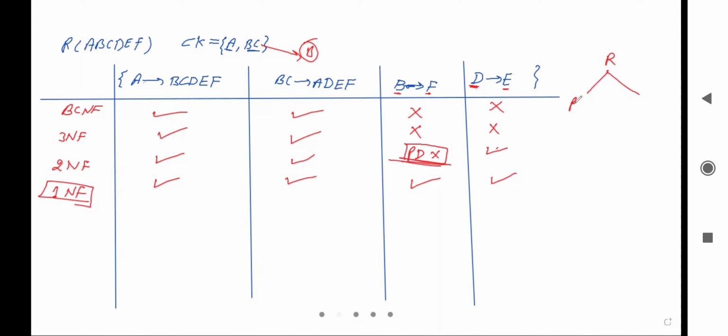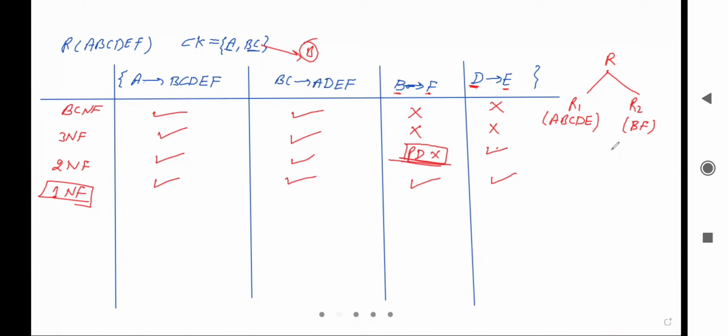One is R1, another one is R2. R1 having the attributes A, B, C, D and E, and R2 having the attributes B and F. Now we'll check whether the decomposition is lossless join decomposition or not, and whether dependency is preserved or not, right?